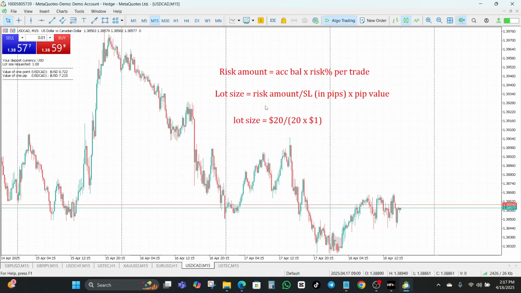So lot size is equal to risk amount, which is $20, divided by stop loss, which is 20 pips, times the pip value of $1. So this is for a currency pair that has a pip value of $1.